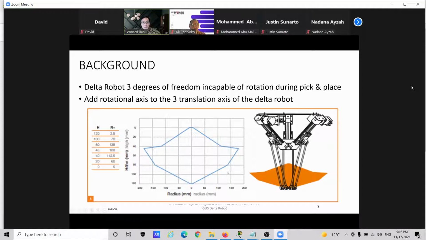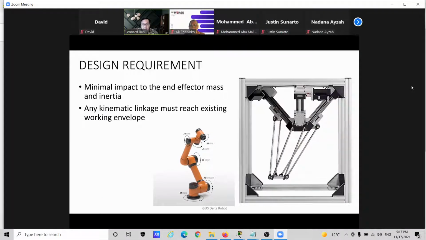This shows the working envelope of the IGUS Delta robot that we developed before in phase 1 of the project. We want to maintain this working envelope, and whatever rotational axis we add to this Delta robot should also be able to reach the ends of the working envelope. Now, I mentioned before that the end effector of a Delta robot is very light compared to an arm robot. For example, here you see that the arm robot has actuators at each joint, making them very heavy in terms of inertia. The Delta robot is not.